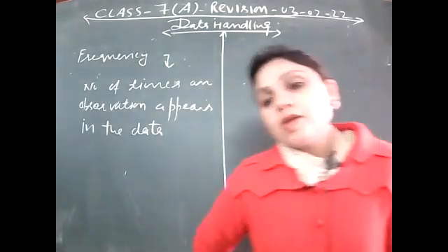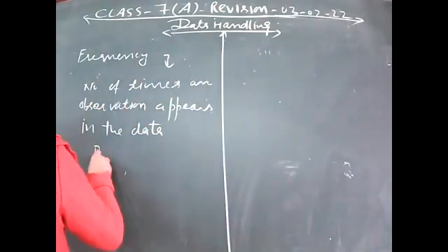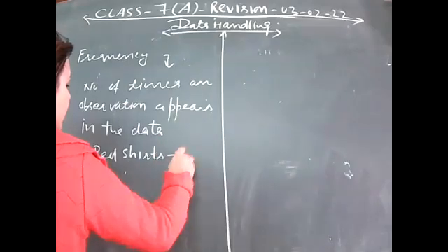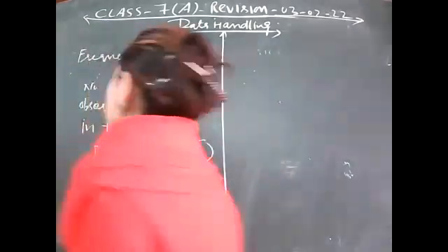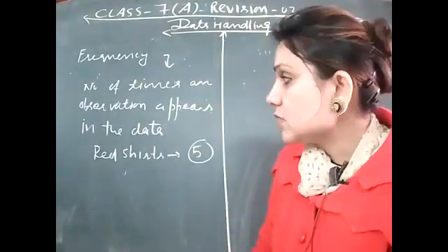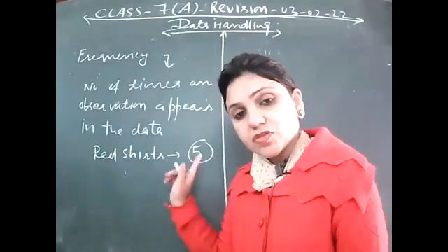For example, if I ask you how many red shirts are there in your Almirah, you go to your Almirah, count, and get 5. So red shirts जो हैं वो आपके पास आपके Almirah में 5 हैं. It means the frequency of red shirts is 5.